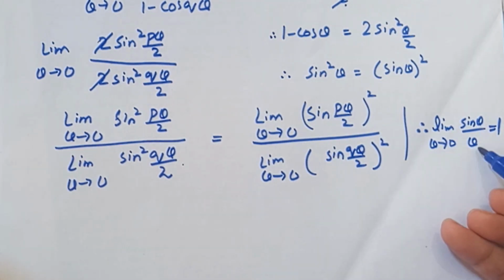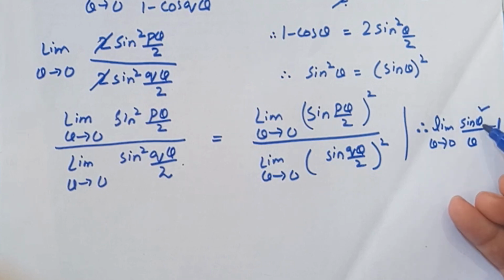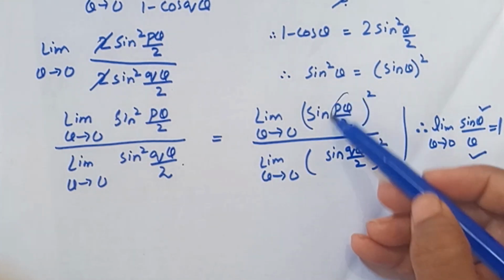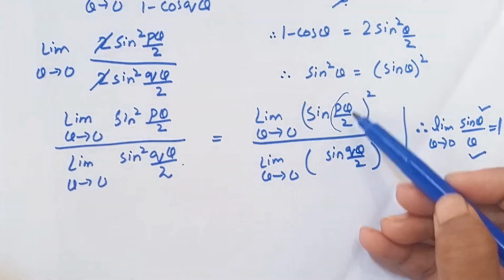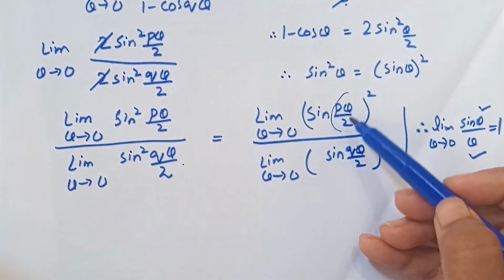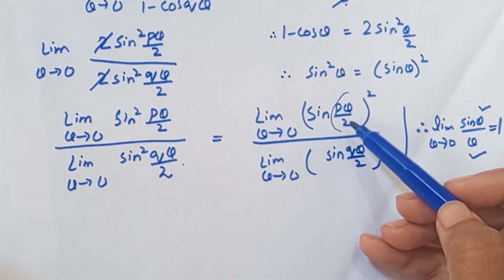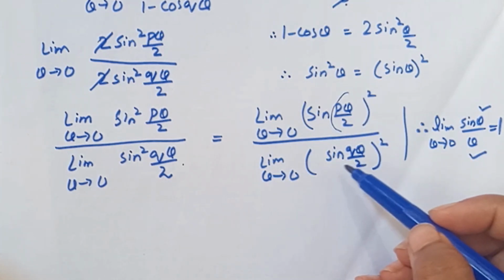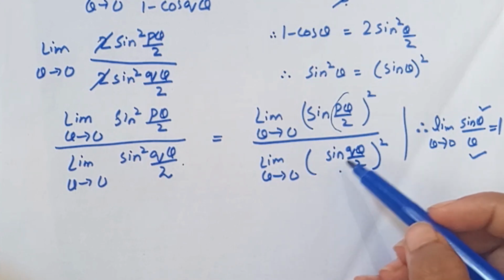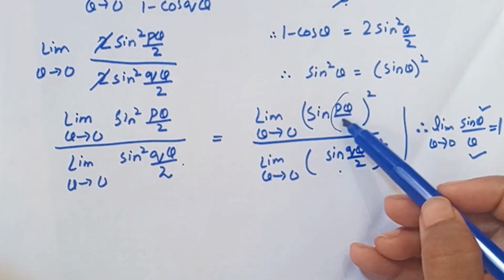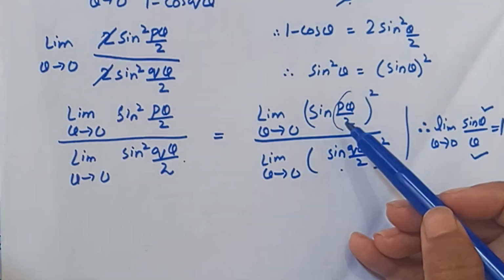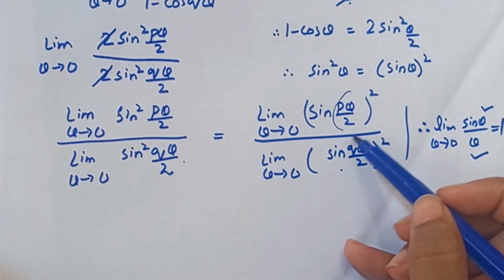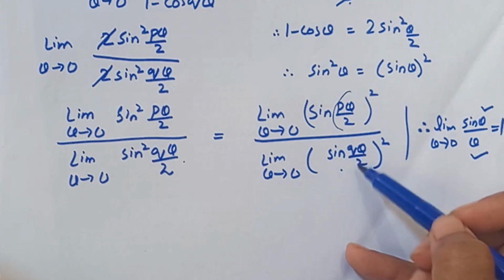Focus on this identity. The angle is theta and it is also divided in the denominator. In our case the angle is p theta over 2, so we need p theta over 2 in its denominator. And this is q theta over 2, so we need q theta over 2 in its denominator. For this, we multiply and divide the numerator by p theta over 2, and we multiply and divide the denominator by q theta over 2.